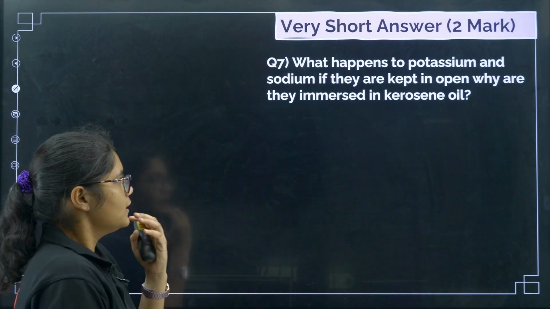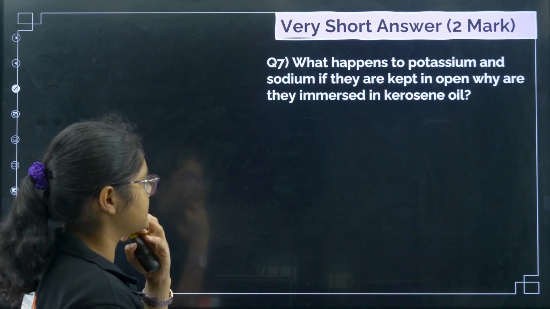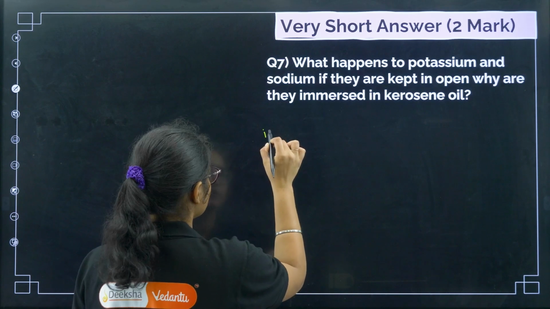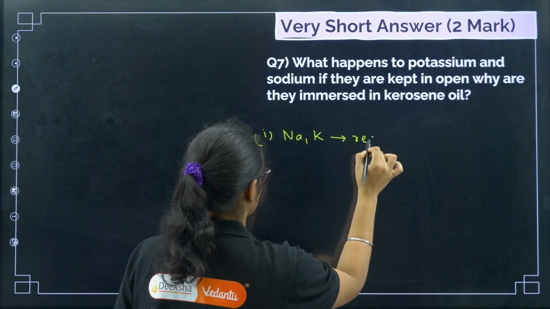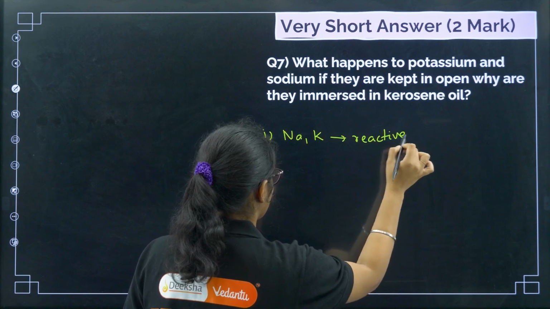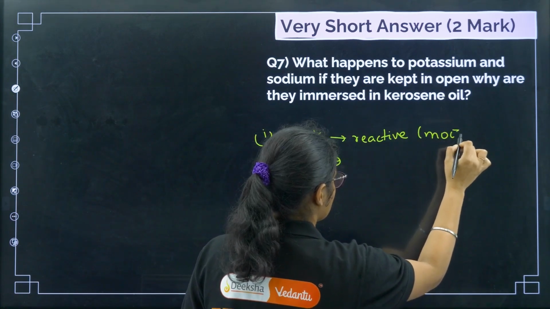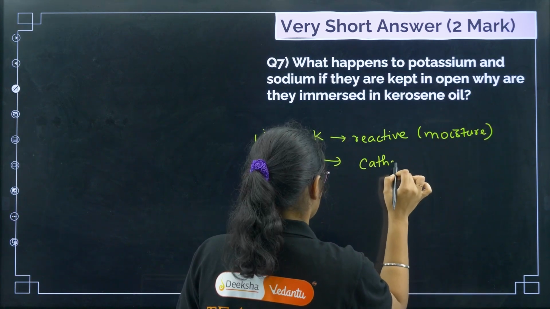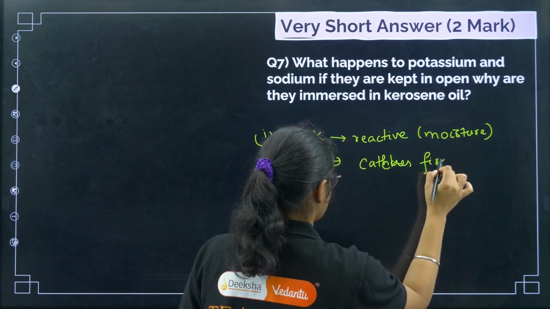Okay, next, what happens to potassium and sodium if it is kept in open? Why are they immersed in kerosene oil? So first point you should write, sodium and potassium are highly reactive. They react with moisture and catch fire, right?